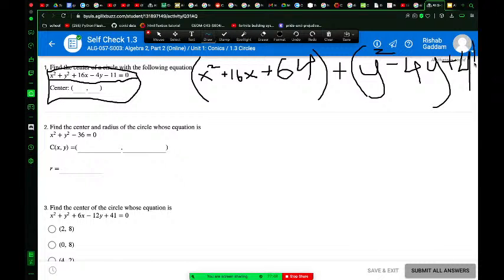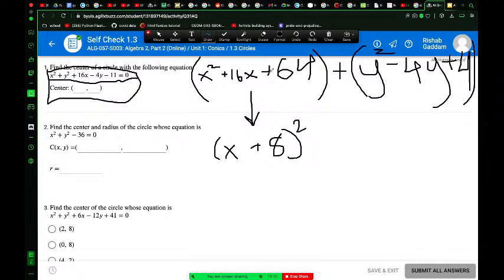Why do you divide it by 2 and then square it? I don't know exactly the reason why. What you're trying to do is create a perfect square, which you can then factor. So this factors to x plus 8, that's x plus 8 squared.